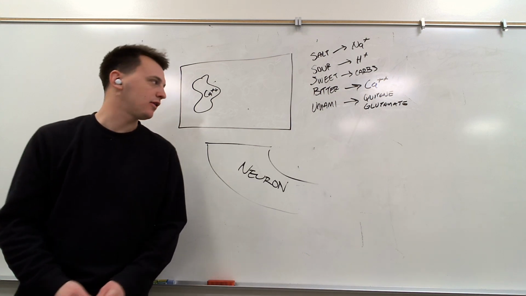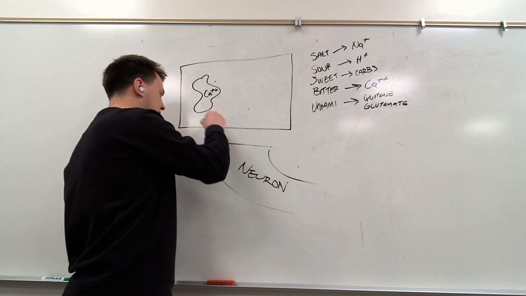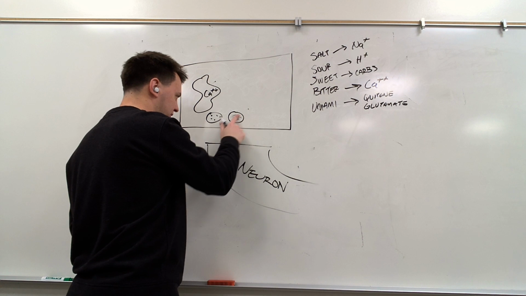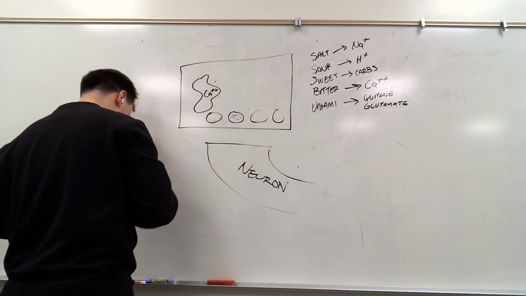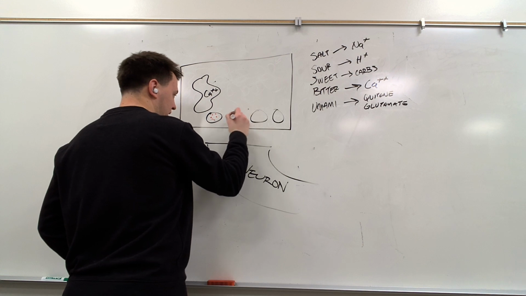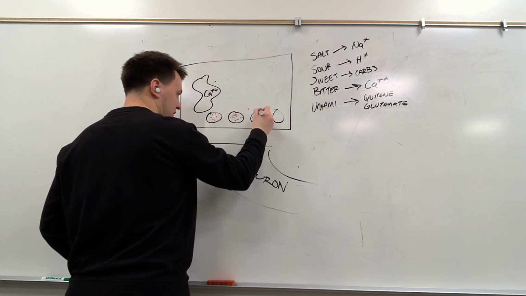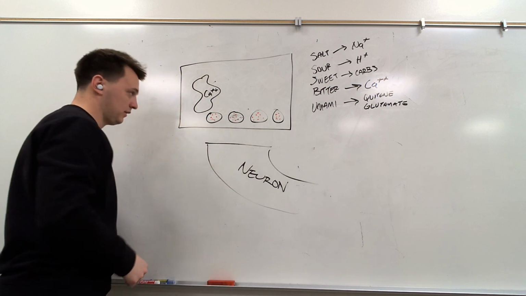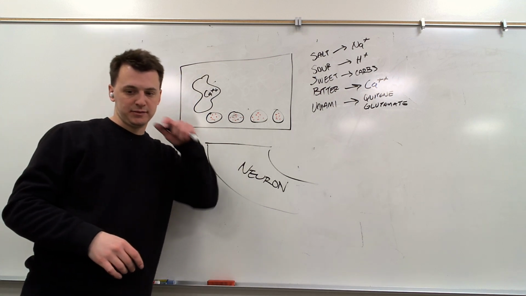This neuron or this cell has a ton of these bulbs that are full of the neurotransmitter glutamate. This whole video, glutamate is all over the place. And glutamate is so important, this neurotransmitter.